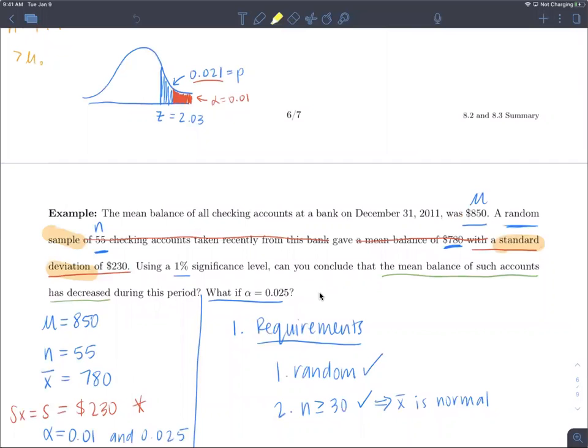It just says, can you conclude that the mean balance has decreased? It doesn't say anywhere to perform a hypothesis test. So you have to figure it out based on what you're given. Whenever you're given a significance level, are you testing or estimating? Testing. Whenever you're given alpha, you know you're going to be doing a test.